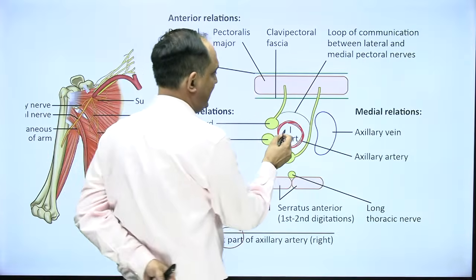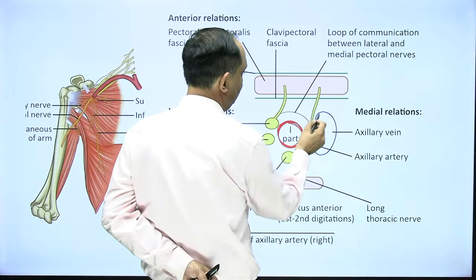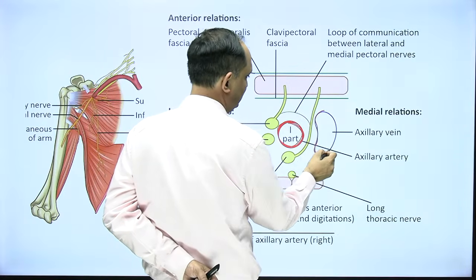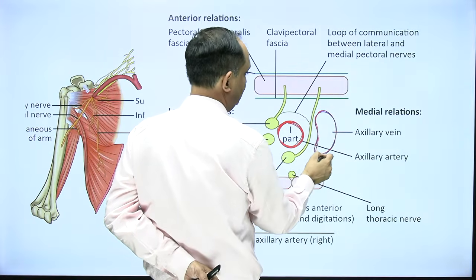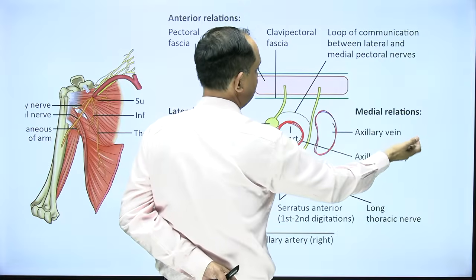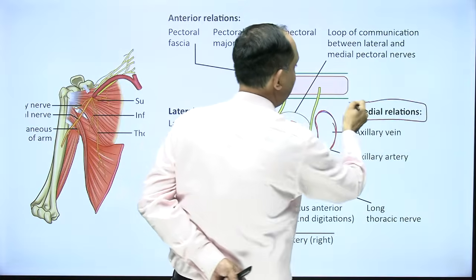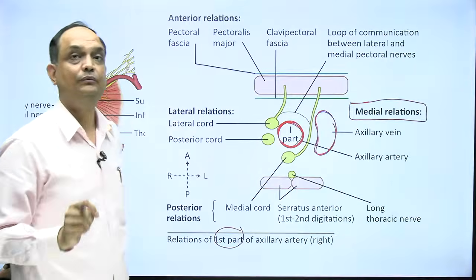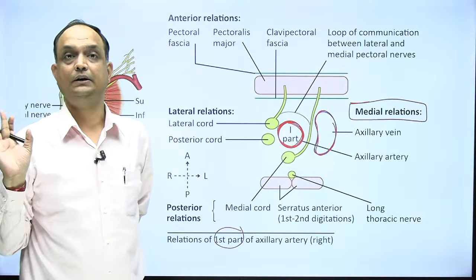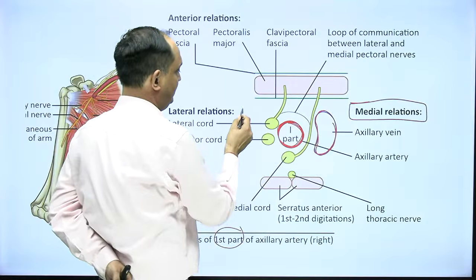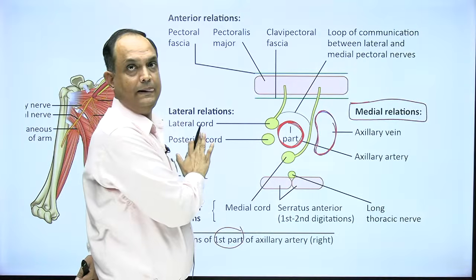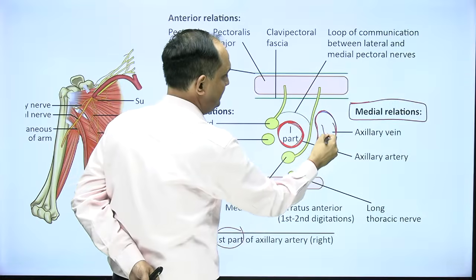Once I have drawn the artery, and if I am drawing the vein on this side, then this side becomes medial. Why? Because I just explained that the vein is always medial to the artery. If I am drawing the vein here, then this will become the medial side. But in this diagram, this is the vein.